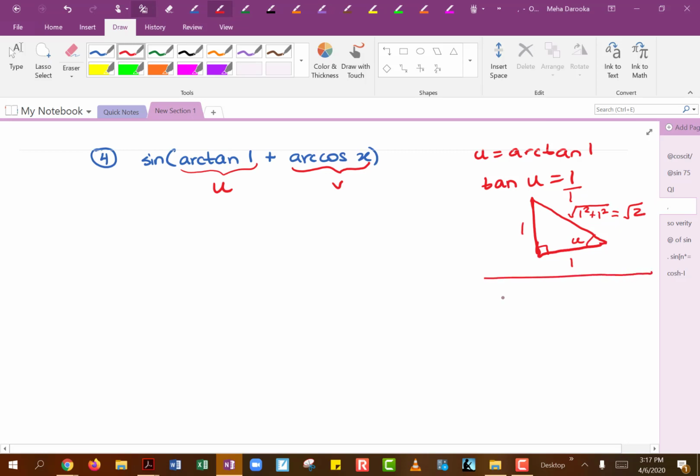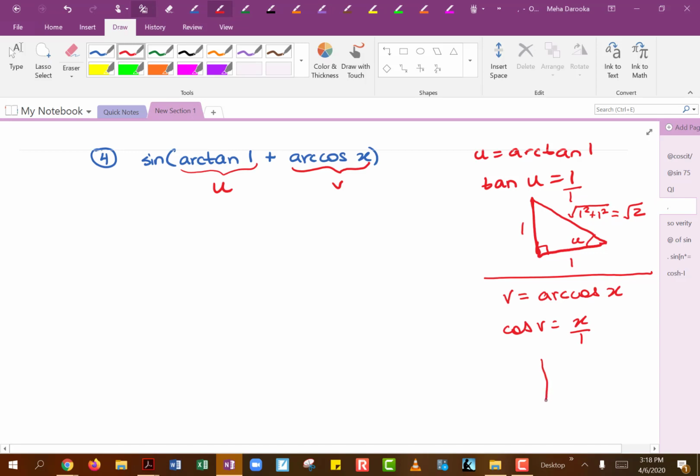And then for the second one, we are assigning the letter v to arc cosine of x. So again, using the inverse functions, you will have cosine of v equals x over 1, because this is adjacent over hypotenuse.